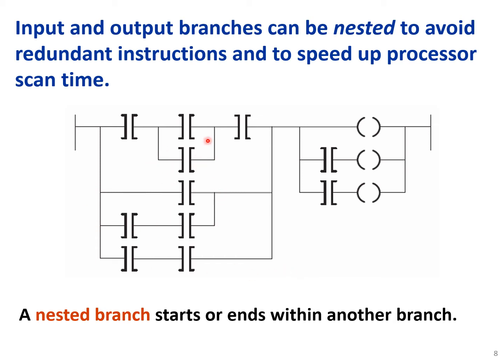So these are the nested ones, we have two nested branches. A nested branch starts or ends within another branch. So this one starts and ends within the first main branch, and this one starts and ends within the second main branch.